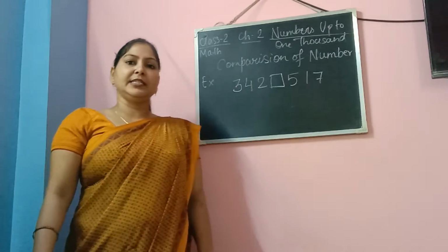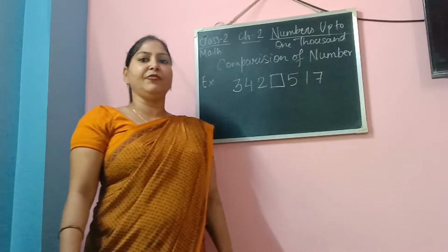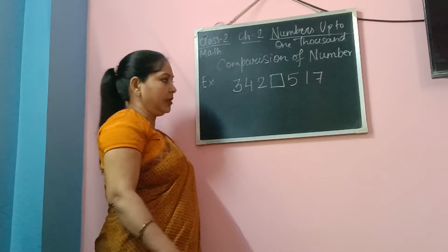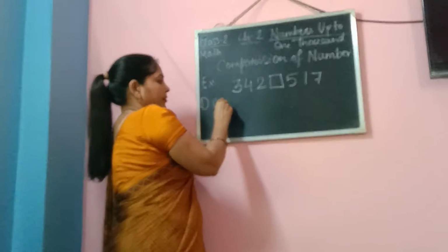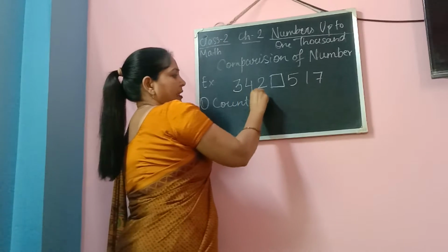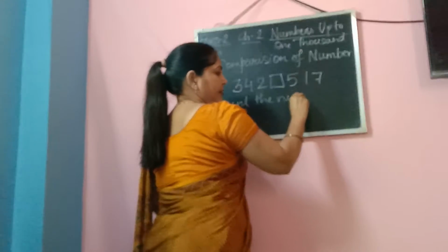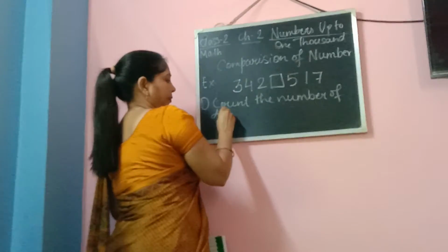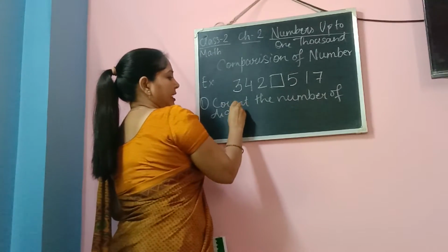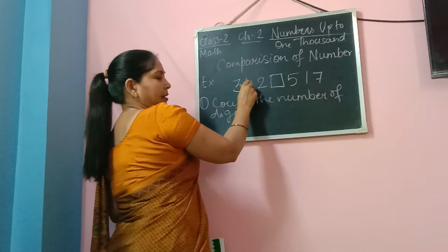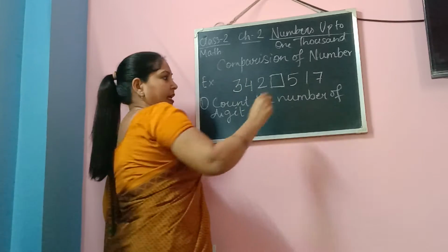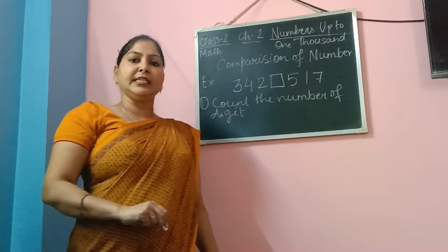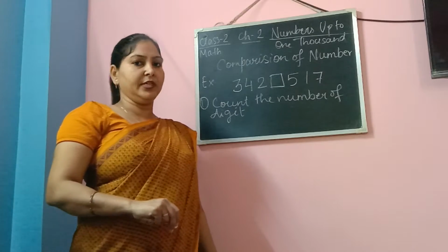In order to understand the comparison of numbers, the first and foremost thing we have to do is count the number of digits in each number. Look here. In this number, 1, 2, 3. 3 digits are there. In this number also 1, 2, 3. So in both the numbers, 3 digits are there.